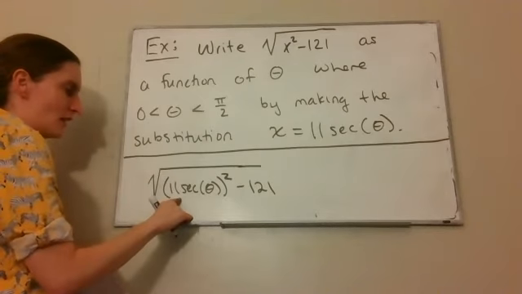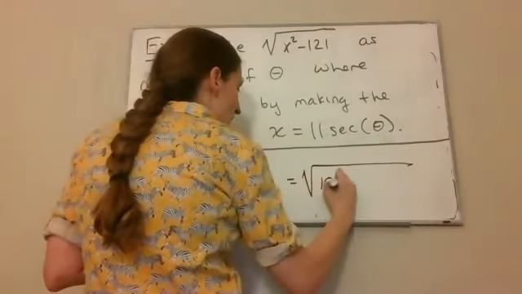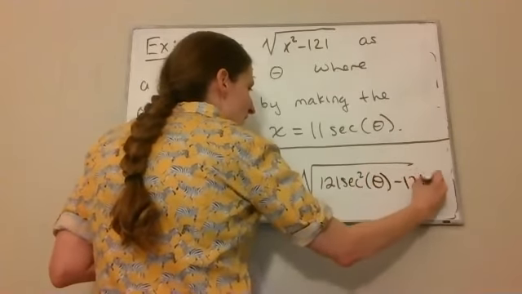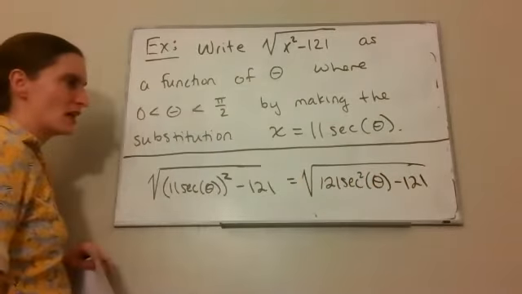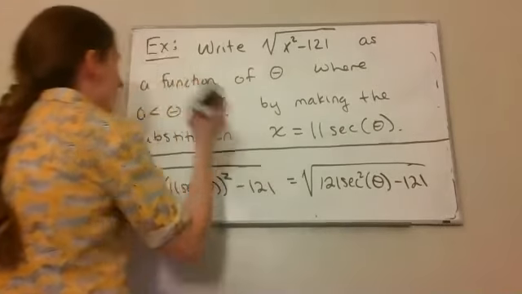Well, 11 secant theta squared is 121 secant squared of theta. And notice that under the square root, I have a 121 in both of those terms. So let me factor that 121.